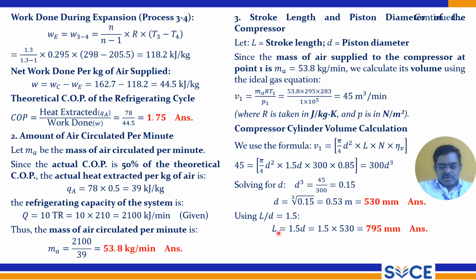So here the stroke length is 795 millimeters and the diameter is 530 millimeters. These are the parameters we need to find in this problem, students. We will see a few more problems.